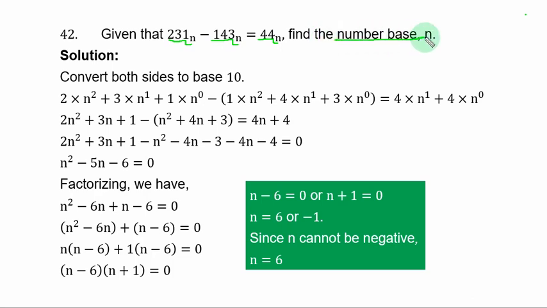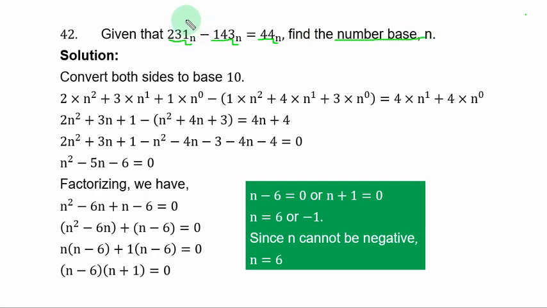In this equation, you need to convert all the sides to base 10, because we are given all in base n. You cannot work with it until you express the left hand side and the right hand side in base 10.